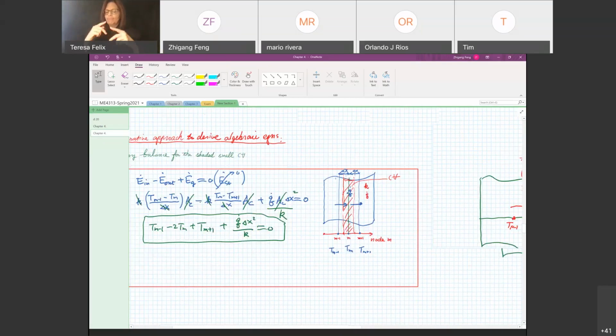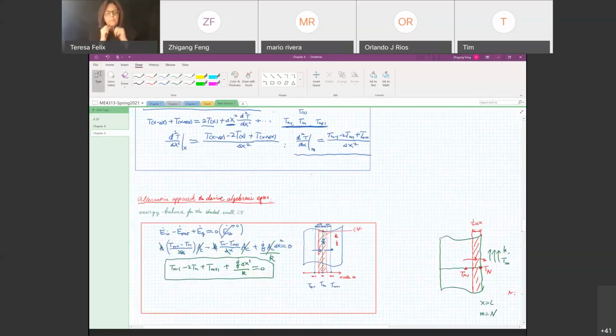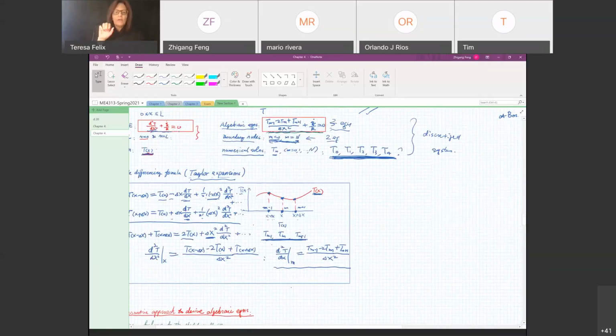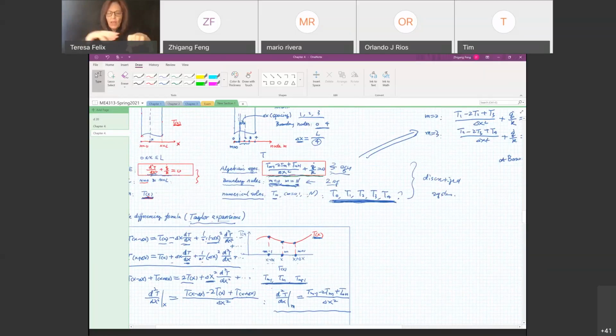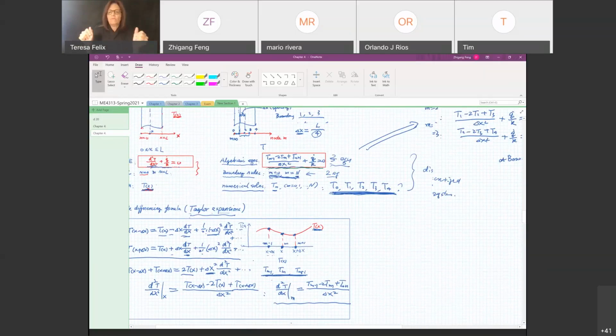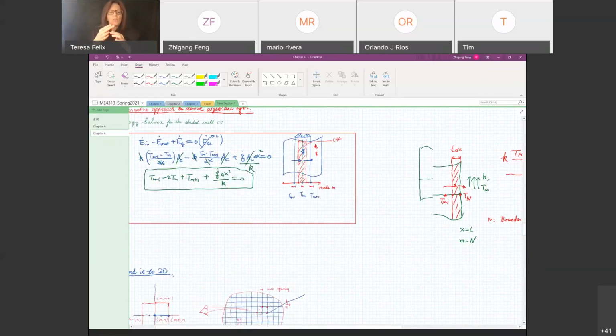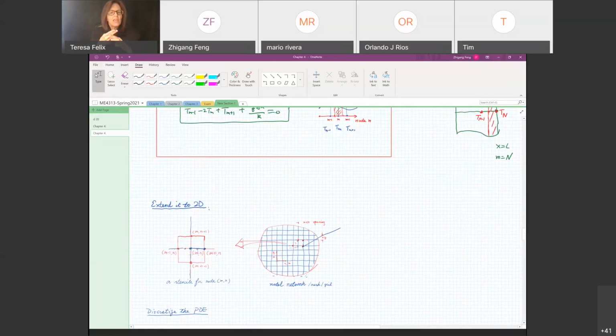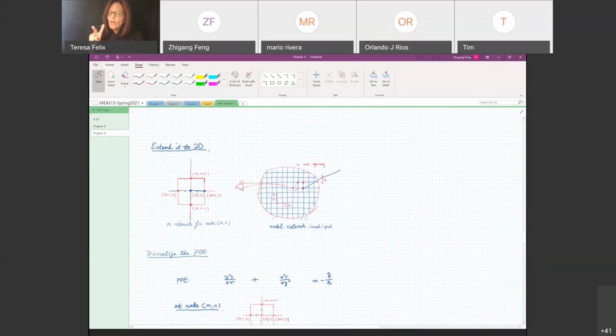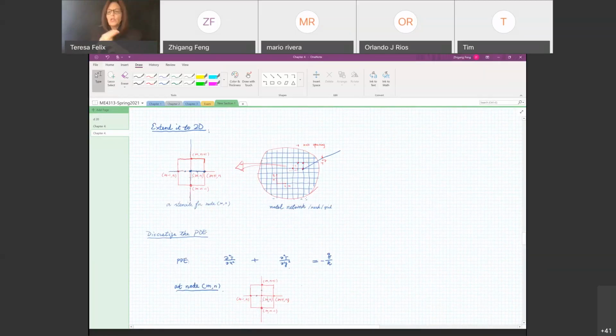Okay. So we have the algebraic equations, and the last step will be to solve this set of algebraic equations, which requires us to use a solver. And you can use the built-in solver in MATLAB or even Excel.